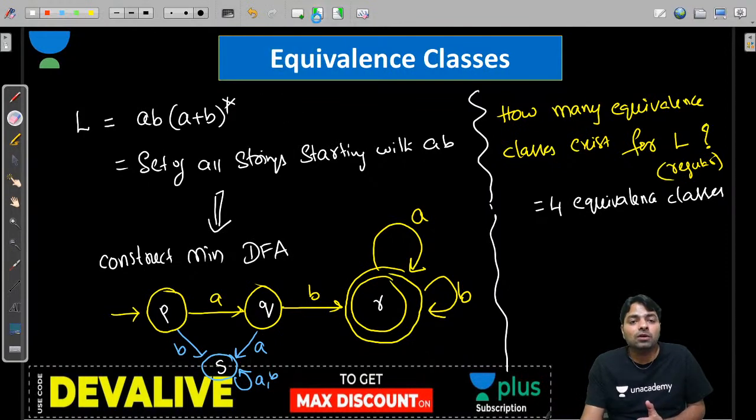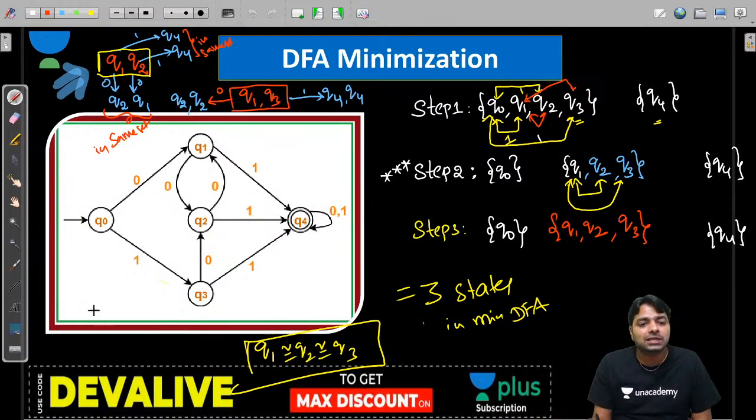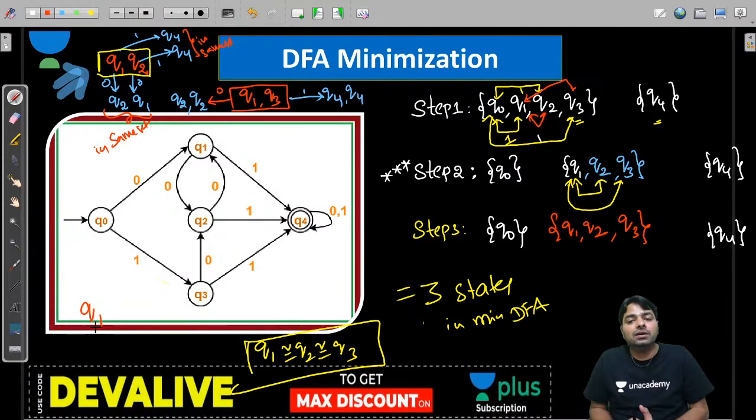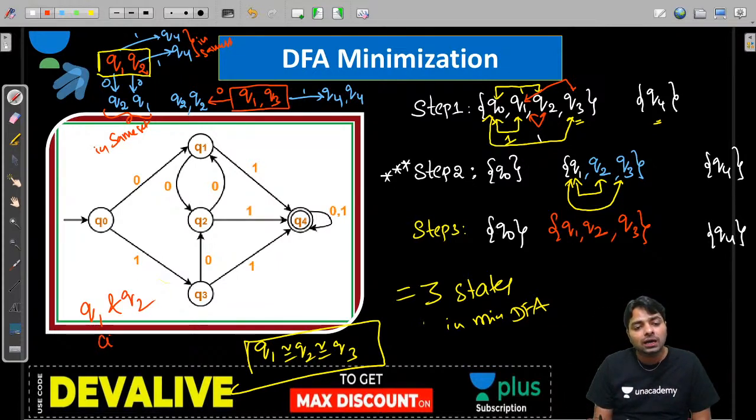If you are going for the previous diagram, and anybody asks whether Q1 and Q2 are 2 different classes? No. Q1 and Q2 are in the same class, because nobody can differentiate them. Every string from Q1 and Q2 will do the same job. You can't call Q1, Q2 equivalence classes.